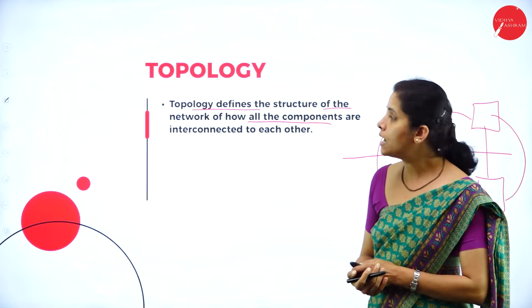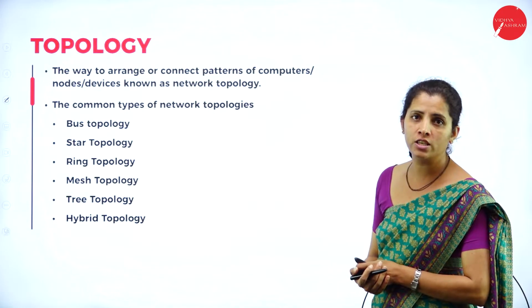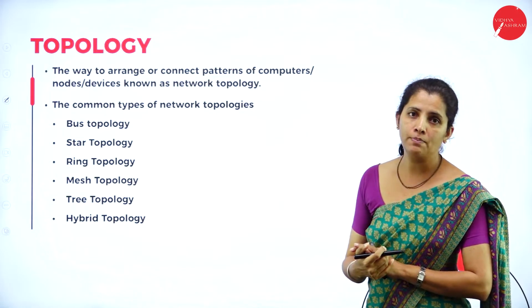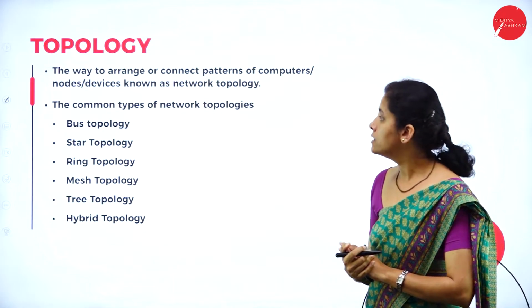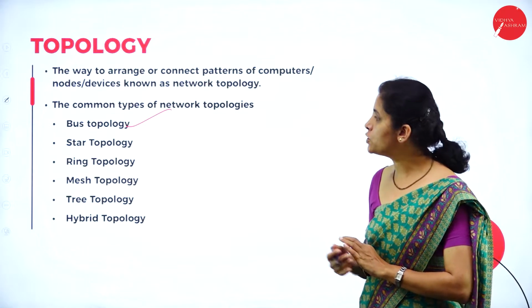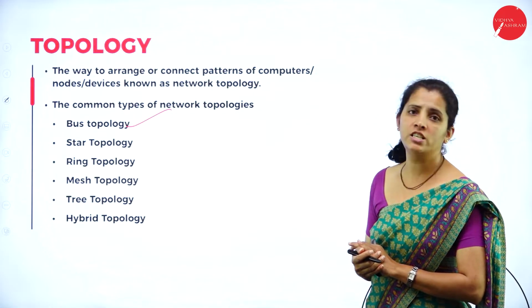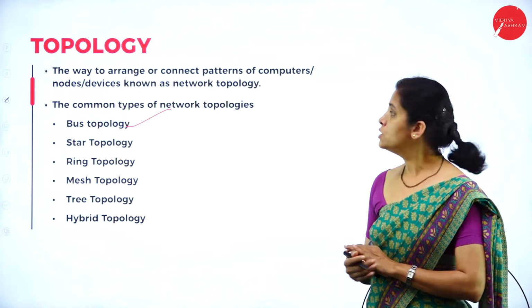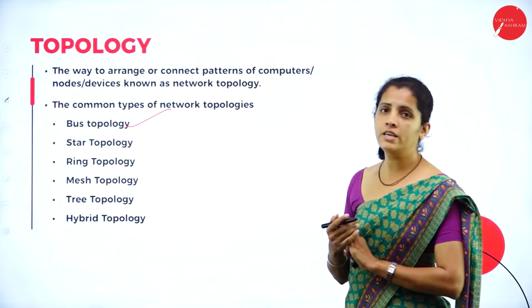If I consider computer network topology, we have a total of 6 different types of topology: bus topology, ring topology, mesh topology, star topology, tree topology, as well as hybrid topology. So what is topology here?